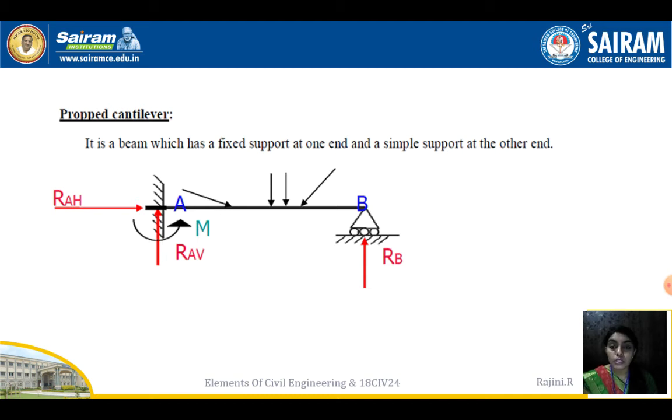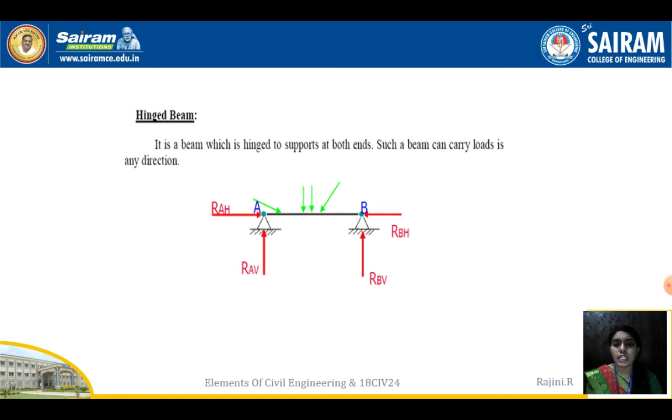So the total reactions in this beam overall is 4 reactions. While writing the theory, you need to mention all the magnitudes, that is the intensity of those reactions, that is RAH, RAV, M and RB. So you have 4 reactions in this beam.